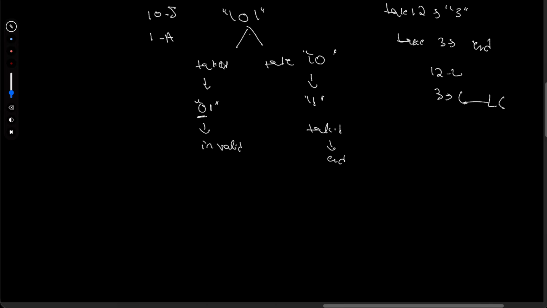So see, if we take 1, then 0 and 1, is invalid because 0 cannot start a number, so it is dead. On the right side, if we take 10, then 1, and if we take 1, it was the end, so the letters are 10 is J and 1 is A. So there is just one way, J and A. Now every node splits into: take 1 digit if valid, take 2 digits if valid.